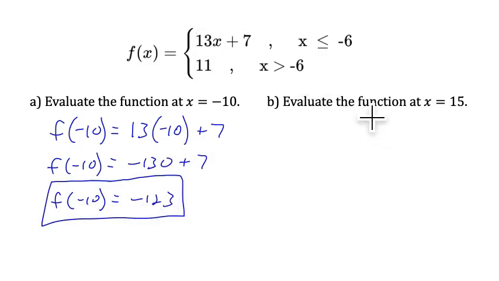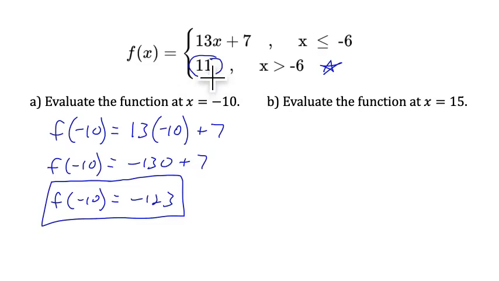Now we need to evaluate the function at x equals 15. Well, 15 is greater than -6. So we checked which of these two intervals 15 is in. It's in the second one. So we use the second piece of the function. Now this piece looks a little different because there is not anywhere to put our x value.